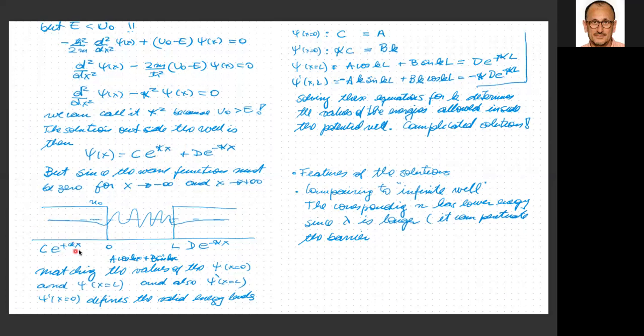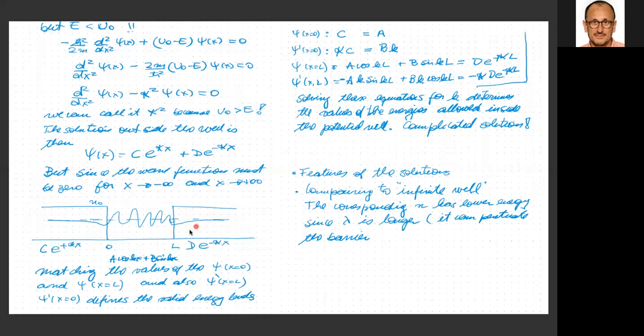So the actual solution for this region should be c times e to the kappa x, since here x is negative and we want it to go to 0, this is perfect. And in the other region it should be d times e to the minus kappa x.